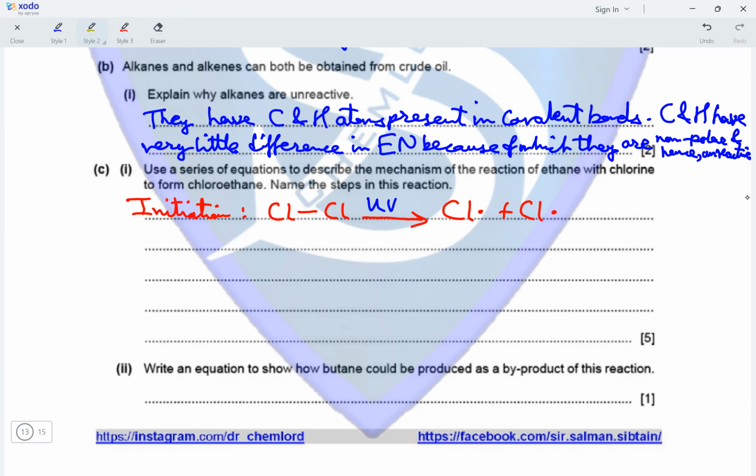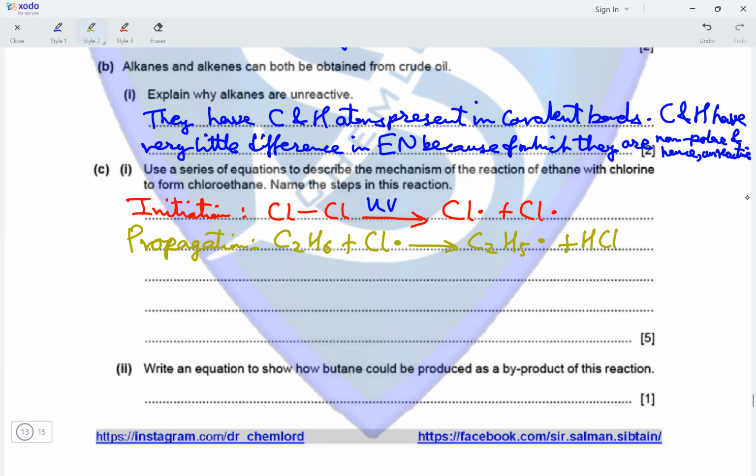Next, we would have the propagation steps, in which we have an ethane molecule, C2H6, being attacked by a chlorine free radical, producing a C2H5 free radical and a molecule of HCl.